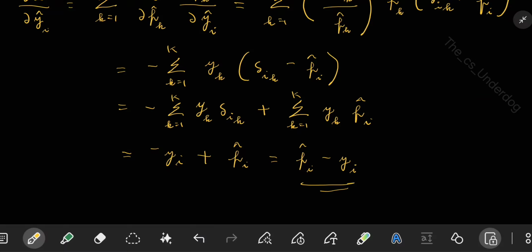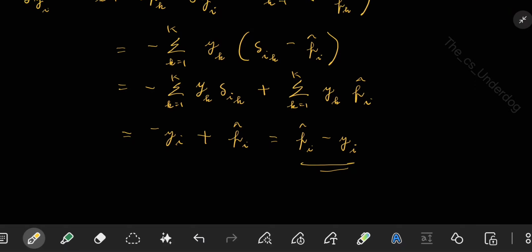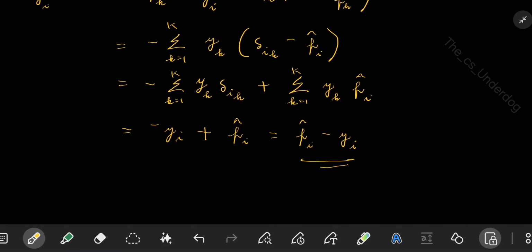So instead of this one sample, if you have n samples, how will this look? Your loss will be 1 by n over those n samples, right? Because you are not going to sum up those losses. Instead, you want to take the average. So generally you take 1 by n, and this, let us say, p cap minus yi.